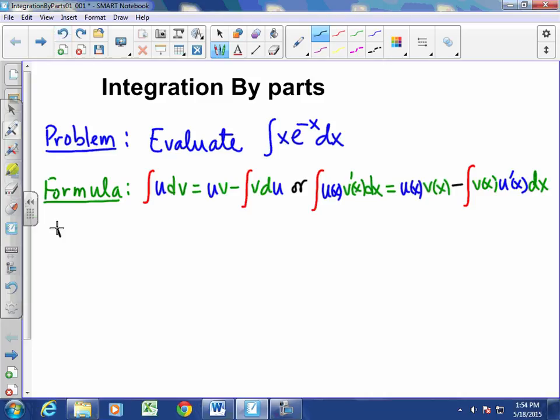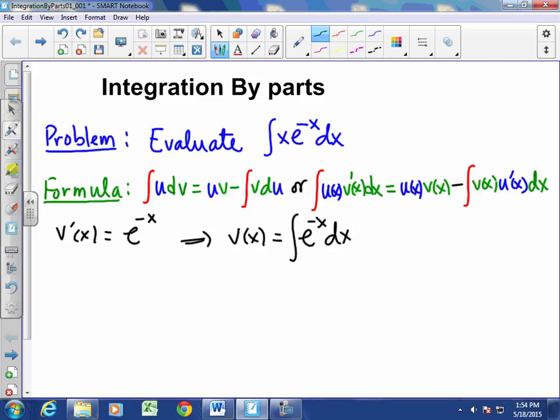So v prime of x equals e to the negative x. And that leads us to what? v of x is the integral of e to the negative x dx. And what is that?